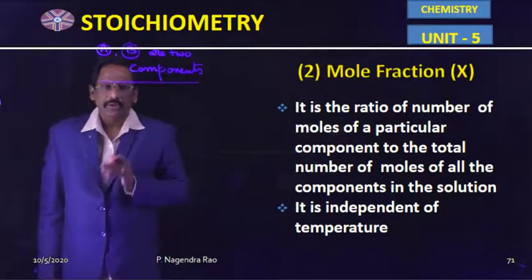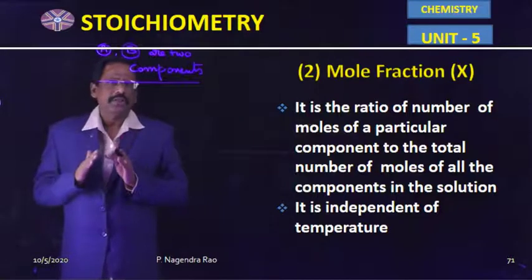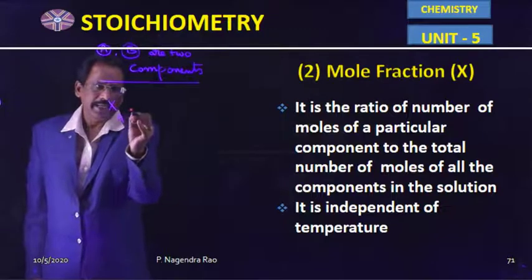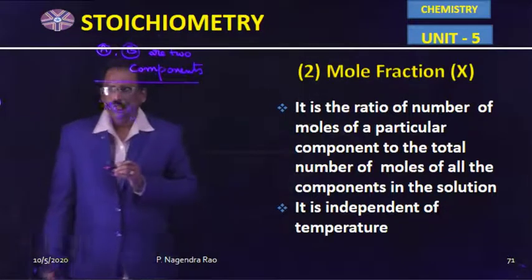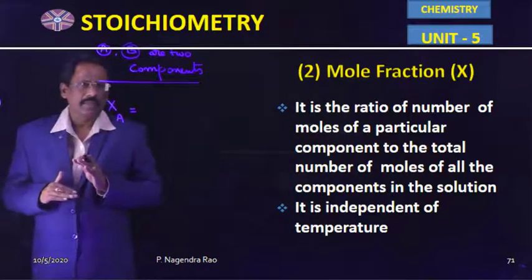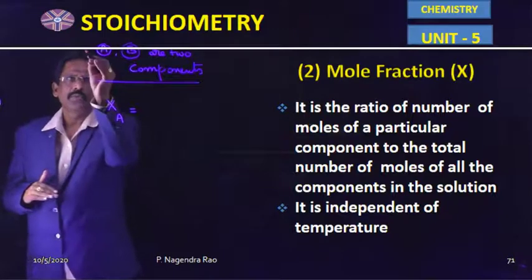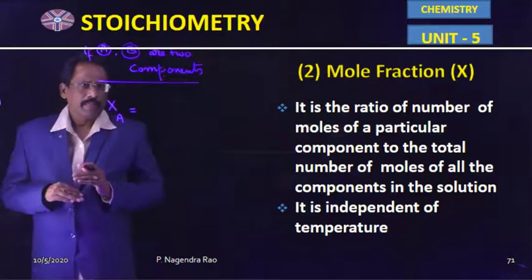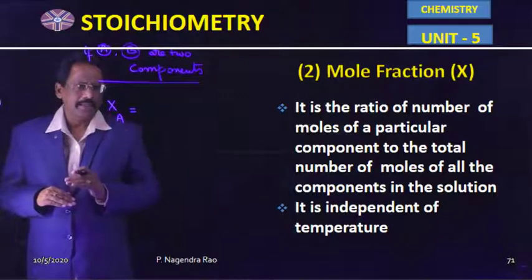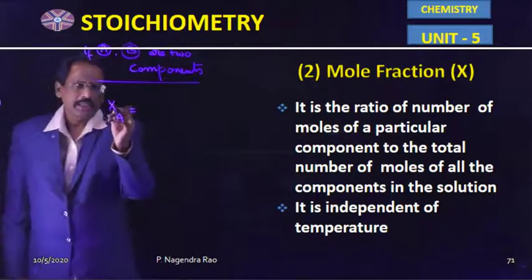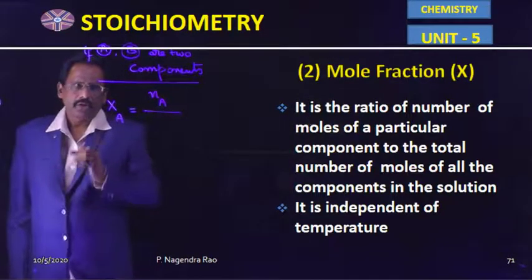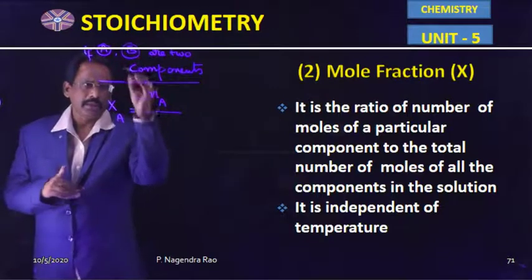Now the formula used to calculate the mole fraction of component A: generally mole fraction is denoted by the symbol capital X. If you want to find the mole fraction of the A component, the formula is number of moles of this A component divided by the total number of moles of these two components.